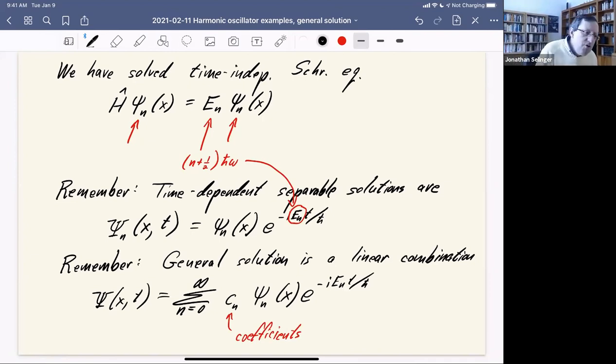So let's look at an example of that in Mathematica. I'll switch back. I stop the iPad and start Mathematica.